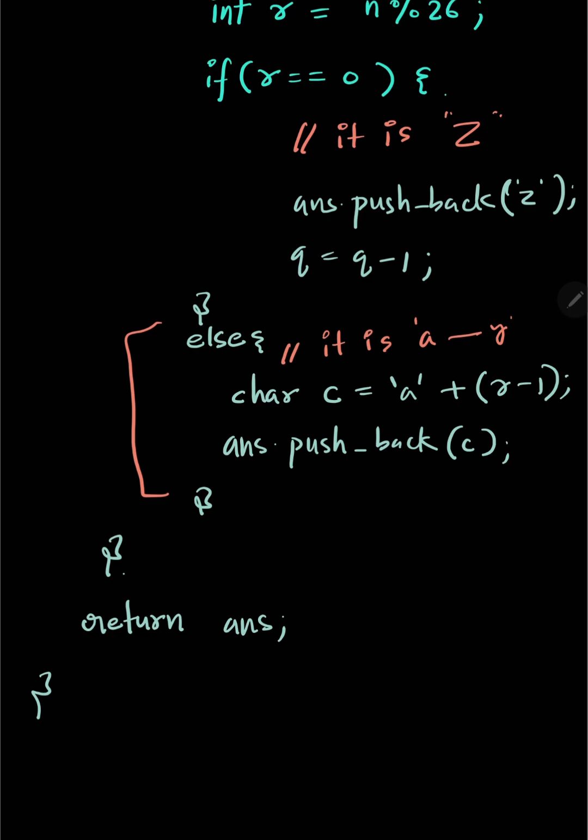So the remainder, let's suppose it is 1. 1 means A, right? So the character c is equal to A plus remainder minus 1. 1 minus 1 is 0, so A plus 0 is A only. We'll push that into c.